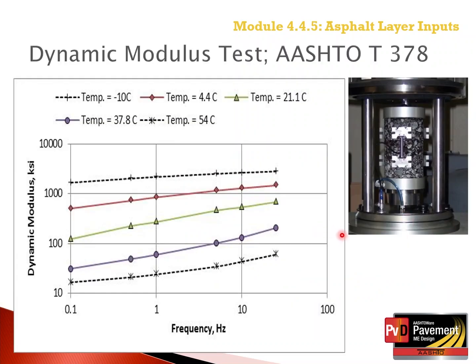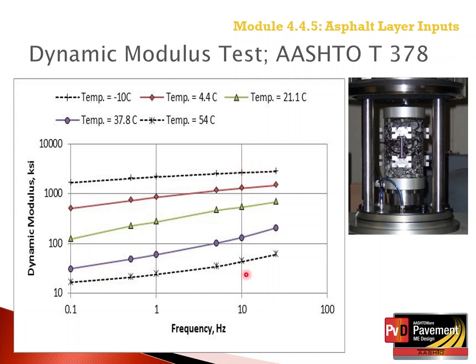This chart simply illustrates the dynamic modulus as a function of loading frequency. Dynamic modulus as a function of loading frequency for different temperatures, from high temperatures to much lower test temperatures.